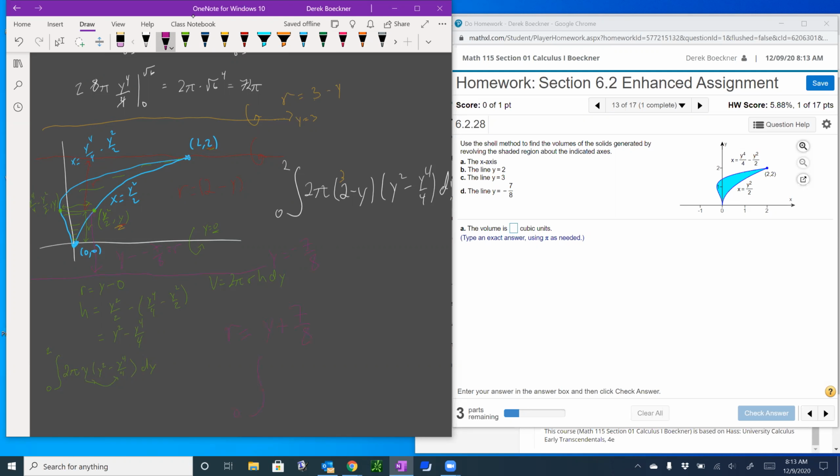So my integral is going to be 0 to 2, 2 pi, y plus 7/8, y to the second minus y to the fourth over 4 dy. That purple might not show up great, but are we kind of good with how to set these up with different axes of rotation? Yeah.